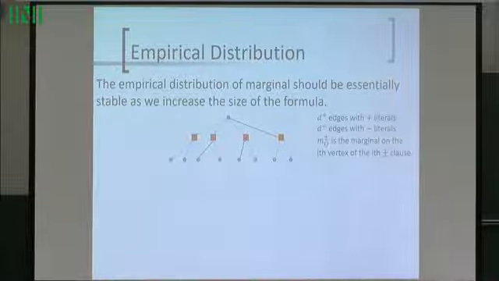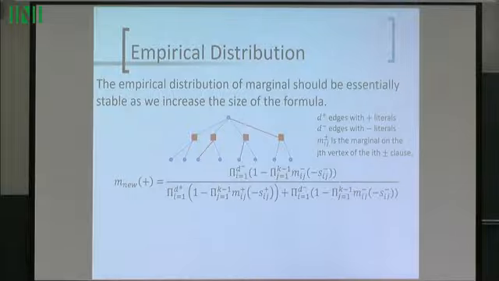So imagine that this root is just a new vertex that we added in with a Poisson number of clauses connected to independently chosen variables in the formula.